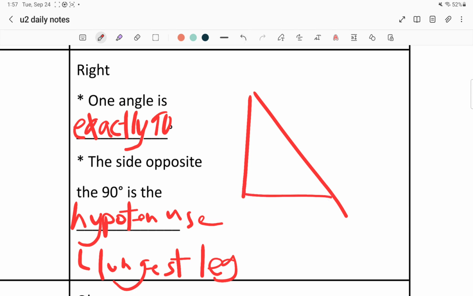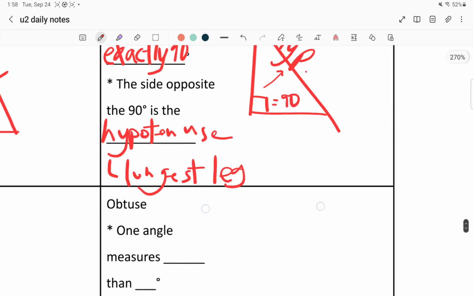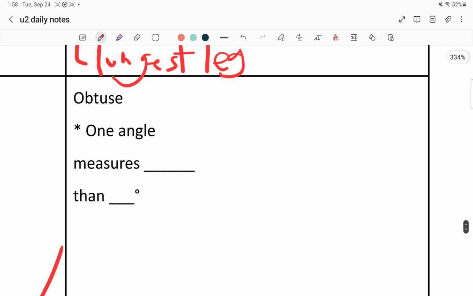The symbol we use for the 90-degree angle is a little square. So when you have a little square, you should think that means 90. Okay? And then the side opposite is our hypotenuse. Okay? So that's smaller than 90, equals 90.